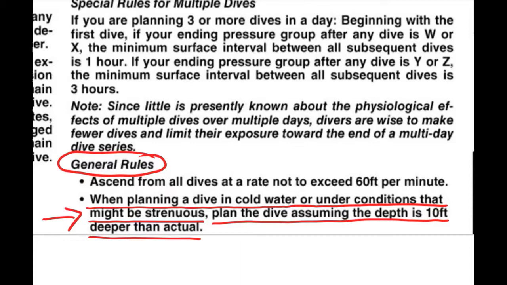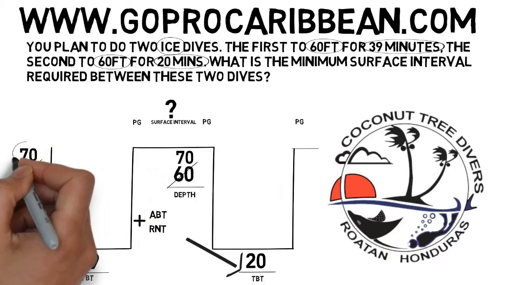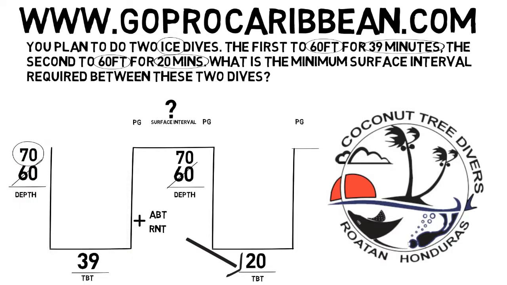So what we need to do is plan our dives as though we are going to 70 feet, not 60 feet. So let's cross out the 60 foot for both those dive depths. They're both ice dives, and replace it with 70 feet to apply the cold water diving rules. So now we have our first dive to 70 feet for 39 minutes.